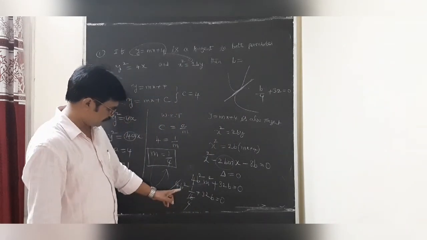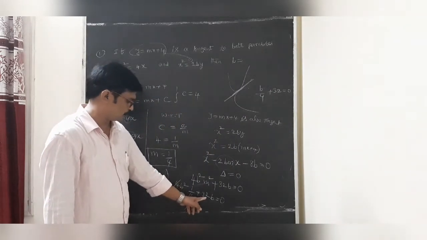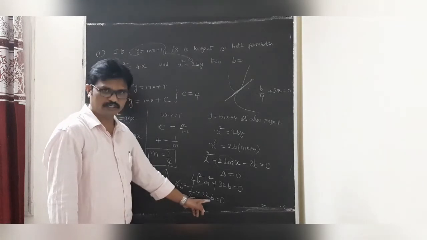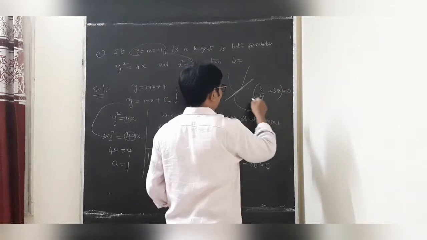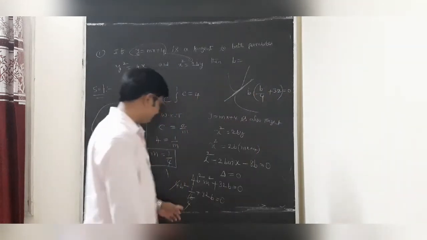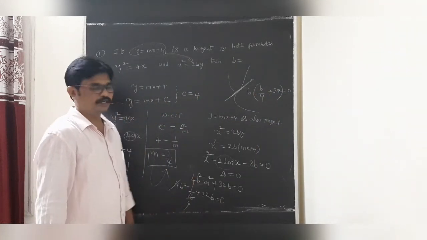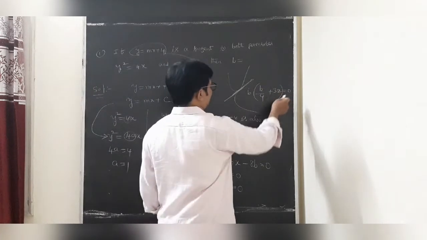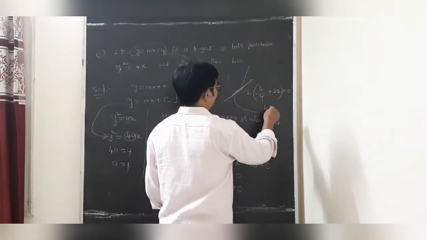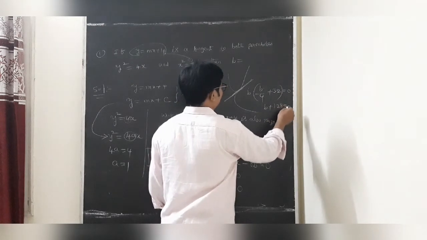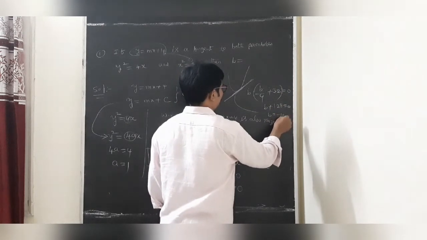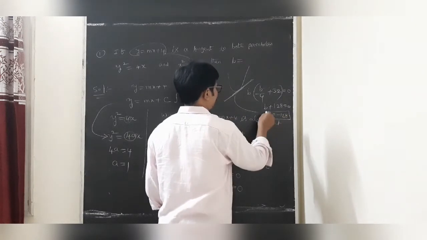Then b by 4 plus 32, when we take the LCM, this goes to the other side, and this is 128. So students, b equal to minus 128.